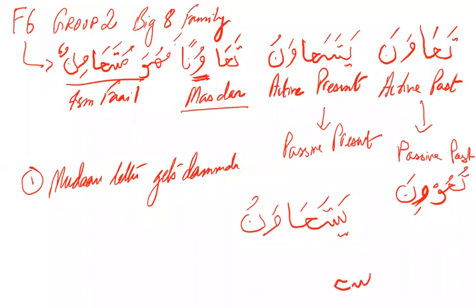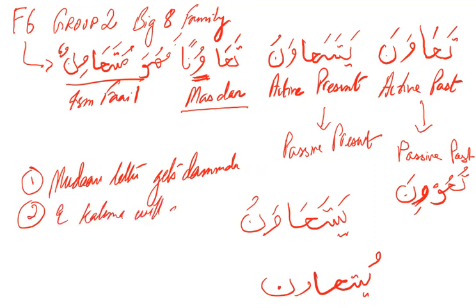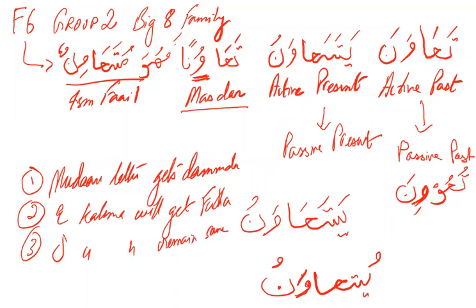So we will write yatà'awanu here without the harakas. So it will be yu. And number two, the ain kalima. What will the ain kalima get? Yes, that is the difference. Fatha. So it will be wow is the ain kalima. So it will be wa. And the lam kalima will remain same. So you have this.